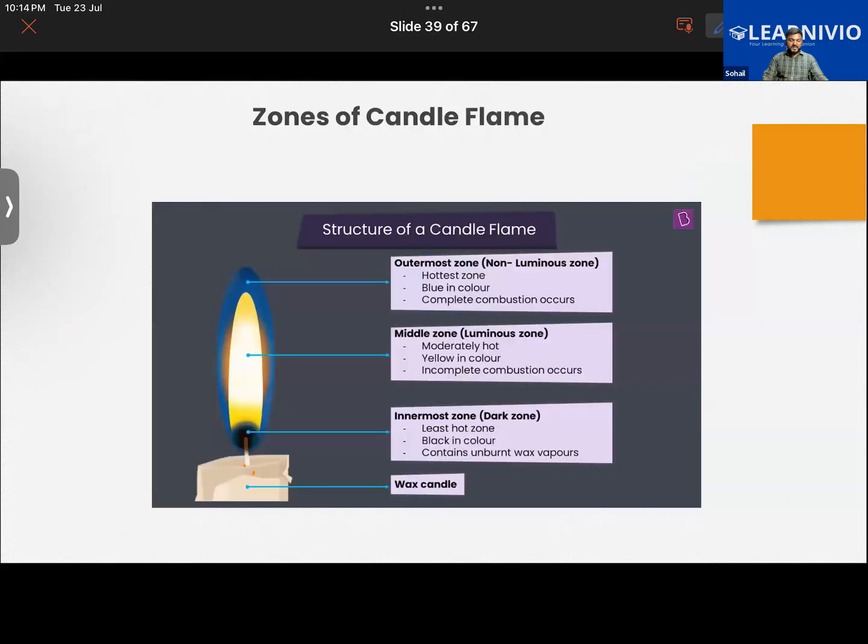The basic reason behind why you are getting two different types of flame here is because in one of them, almost complete combustion is taking place. Fuel is completely burning. In the other, fuel is not completely burning. Here there are some unburned carbon particles that are not burning properly, so it gives a yellow flame.